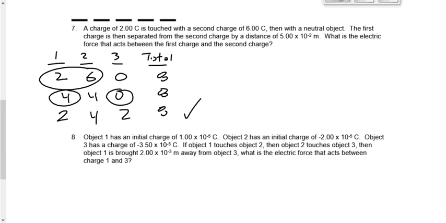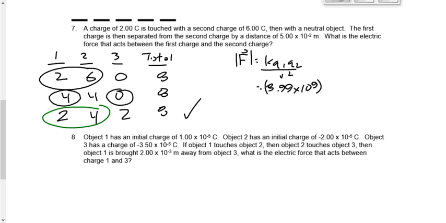What's the force that acts between the first and the second now? We're going to say F is equal to K Q1 Q2 over R squared. It's 8.99 times 10 to the 9 times 2 times 4 over 5 times 10 to the negative 2 squared. Again, here's another spot where it's important to use the EE button for the exponent because it's in a denominator.